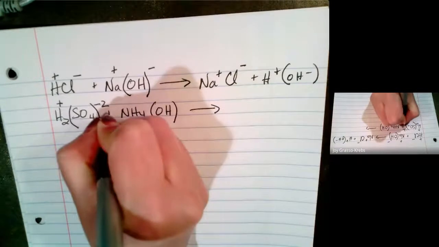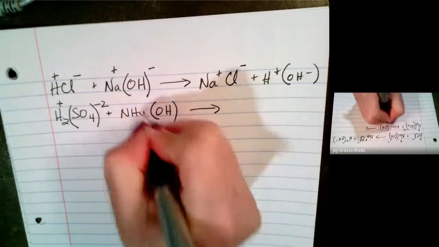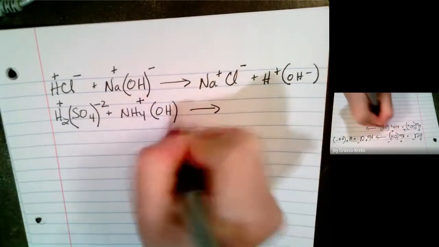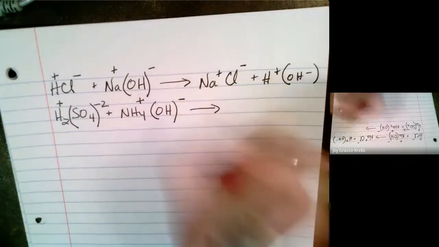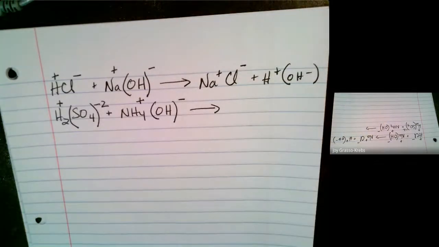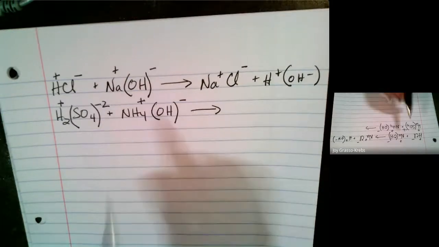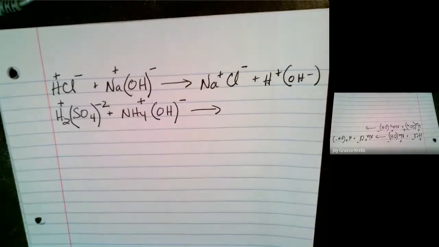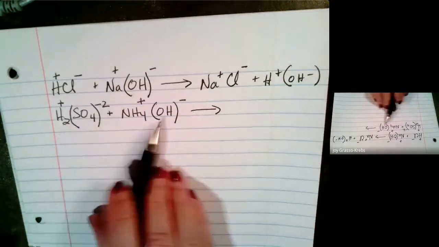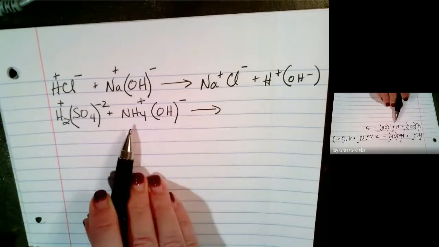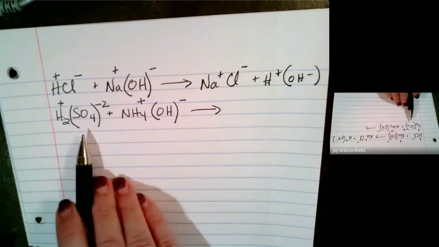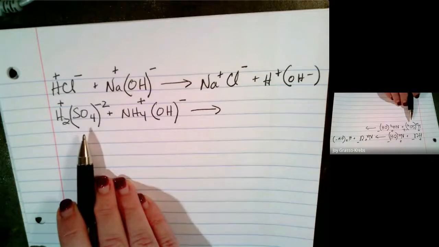So now this is going to work with NH4 positive and OH minus negative. Without the proper charges, you're not going to be able to write the salt and the water. So acid plus a base is a salt plus water. The H will recombine with the OH, and the NH4 will go with the SO4 -2.